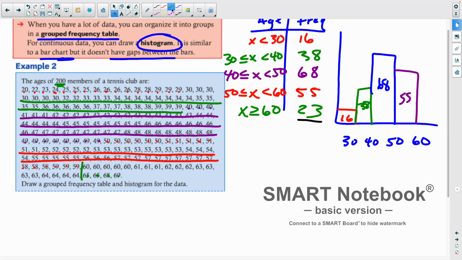And the last one, 23. So there's what that looked like. That's the histogram. Okay? Really not any different other than the fact that there is no gaps.